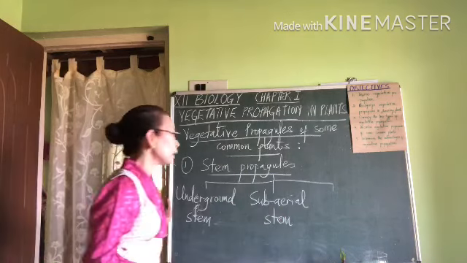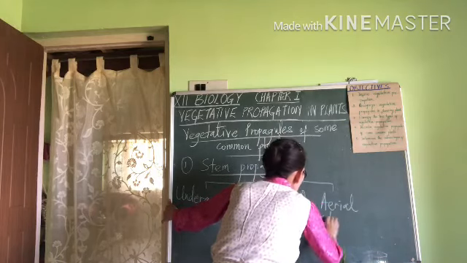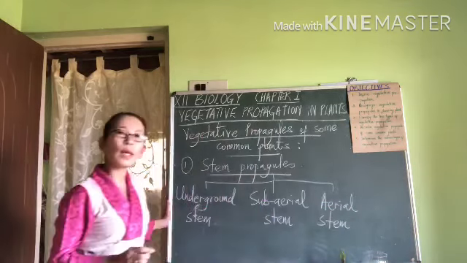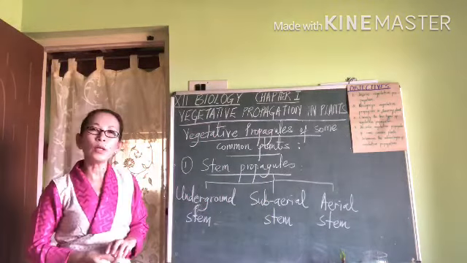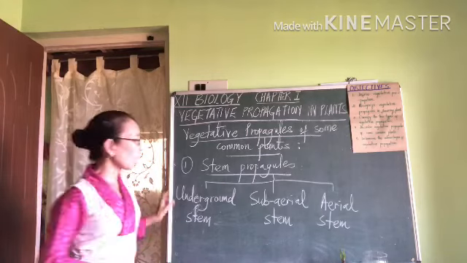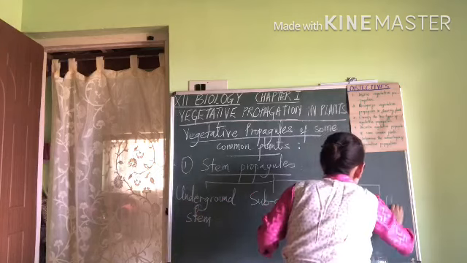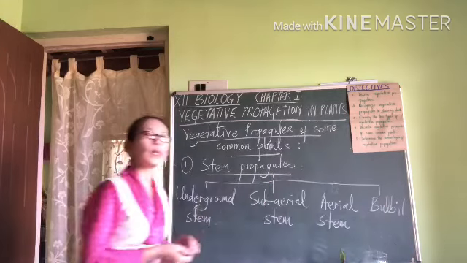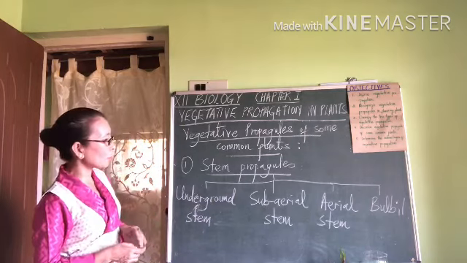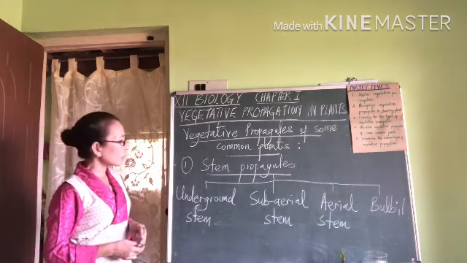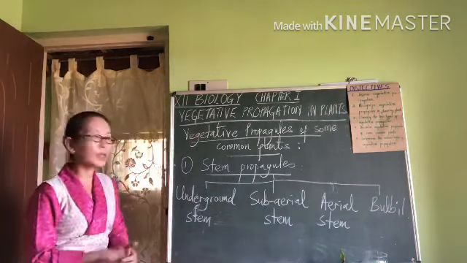Alright, we will also be taking a few examples of aerial stems which can even participate in vegetative propagation, and we can also check stems which are called bulbil. Alright, so these are basically some of the different types of stems which we commonly see as a vegetative propagule.